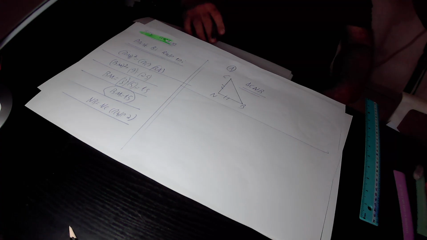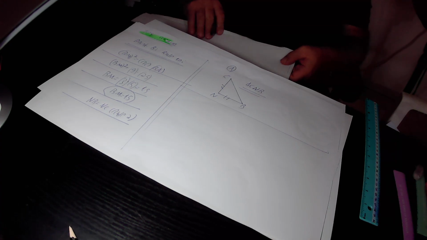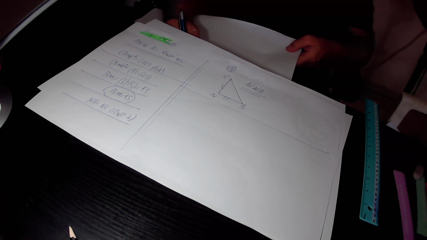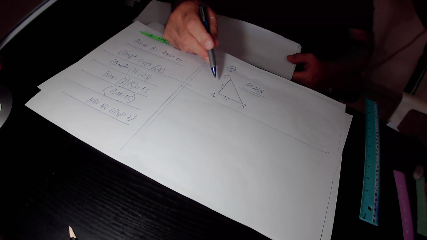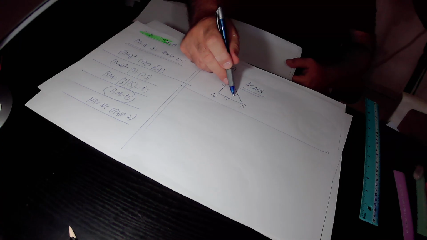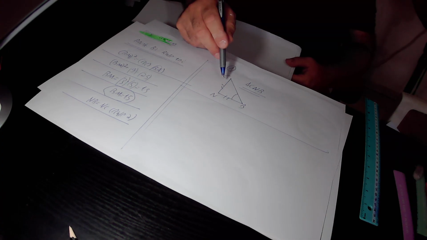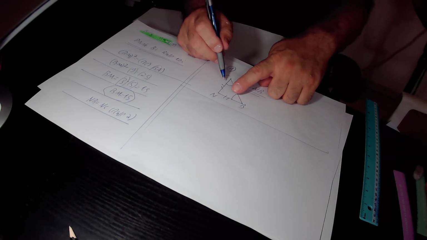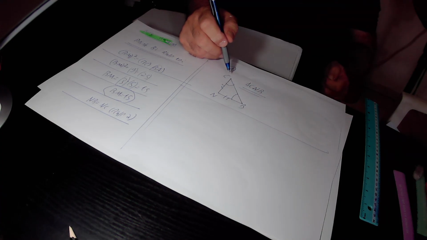And we have the rule that says that in front of equal sides in a triangle there are equal angles. So in front of this side CN we have this angle, and in front of this side BN we have this angle. Those two angles located in front of the two equal sides must be equal to each other in size.